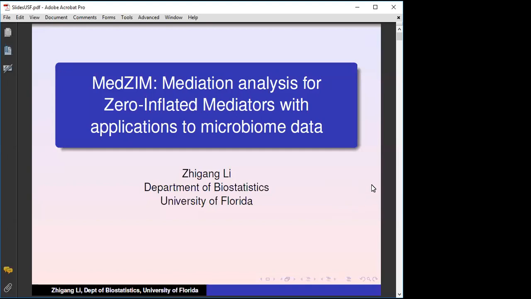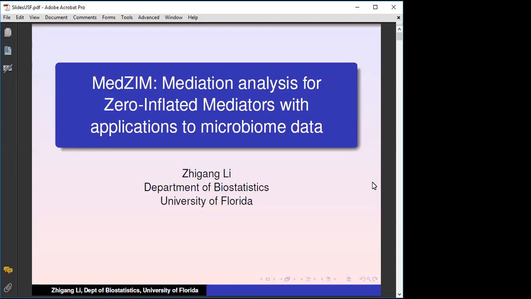He is an expert in longitudinal data analysis and structural equation models, and he's the PI of an R1 grant studying mediational models from microbiome research. He has also written R packages for the implementation of the methodologies he developed. So he is very productive in microbiome data analysis.